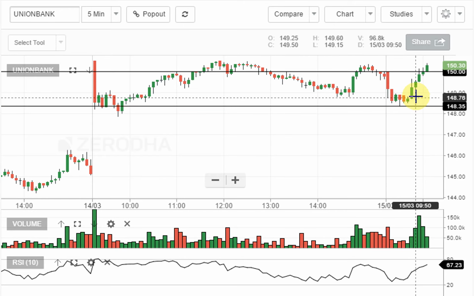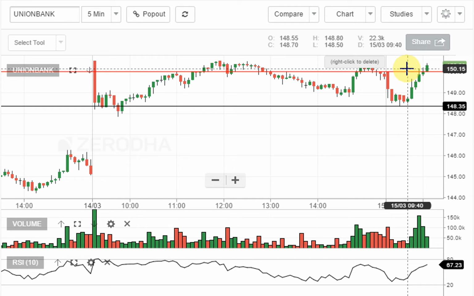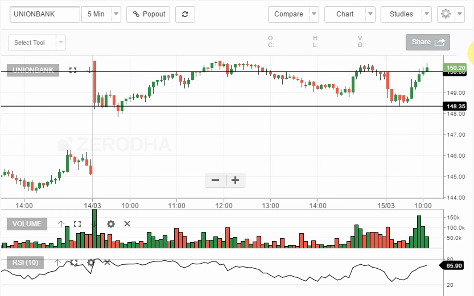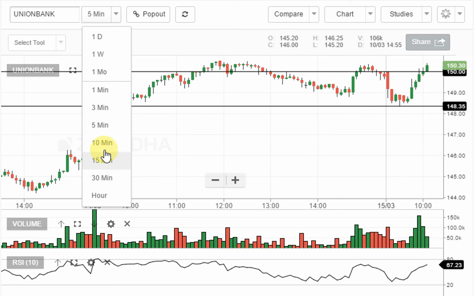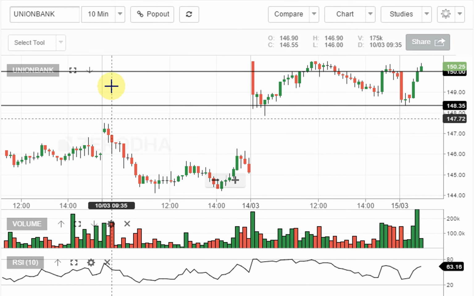So it's actually good if you go with say 10 minutes or 15 minutes. It will be a balancing thing. You can get a good clear picture of the stock, and that will be nice for you.